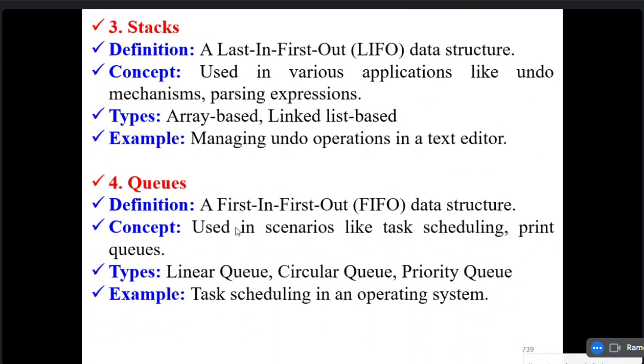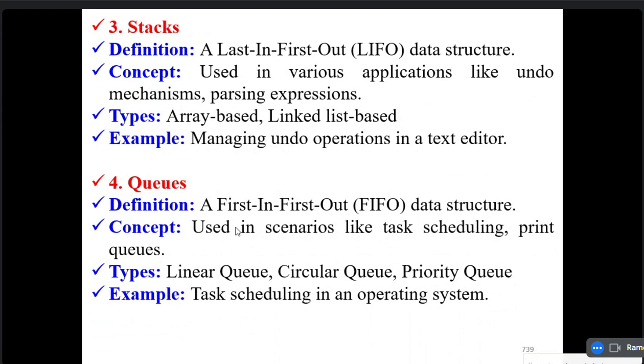Suppose there are 60 students giving print option, so they are getting print. Whoever gave the first option will get the printout first. That is called the first in, first out principle.